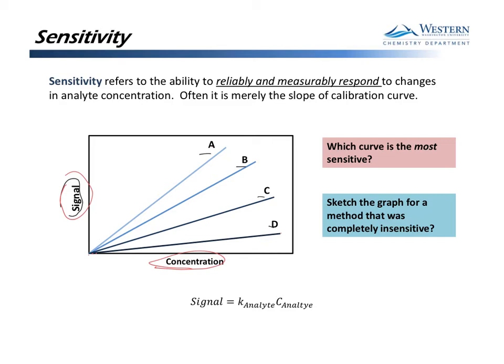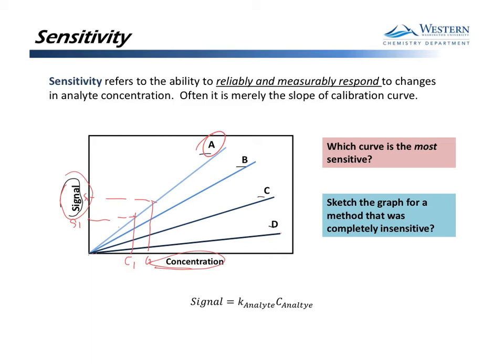Okay, welcome back. I hope you got the answer: it is A. You can have 2 different concentrations, C1 and C2, and you have signals S1 and S2.